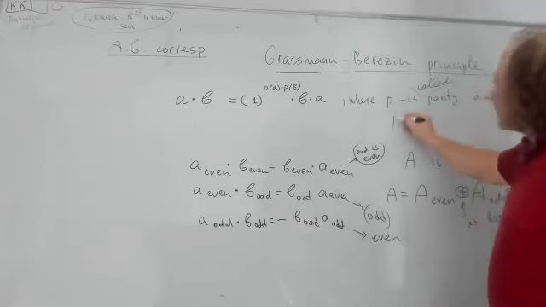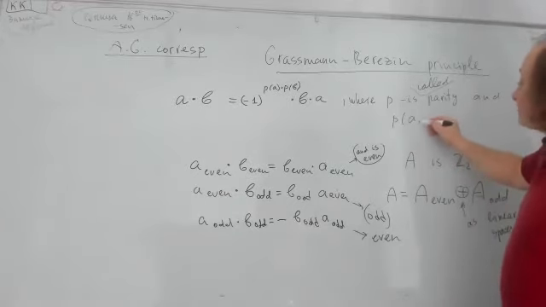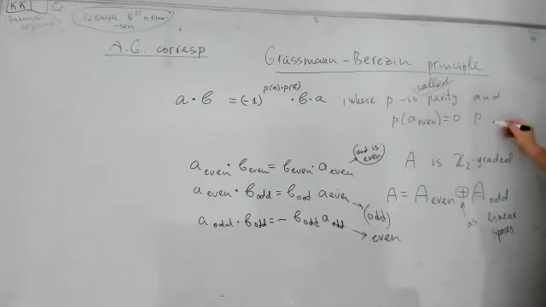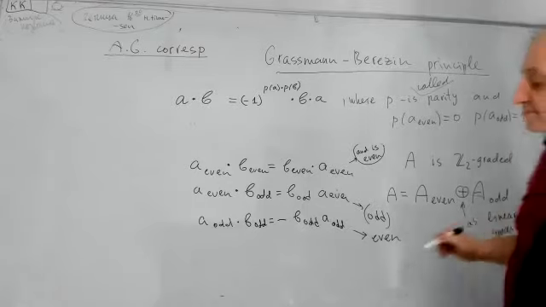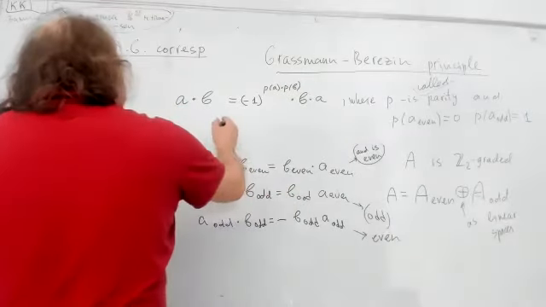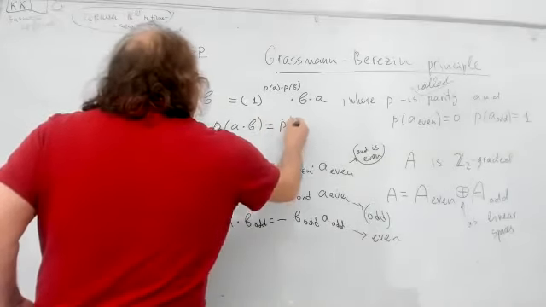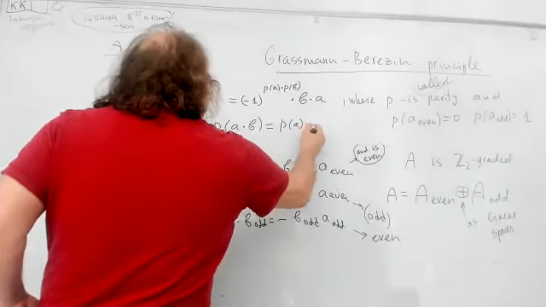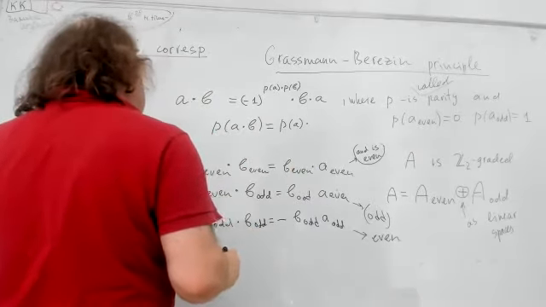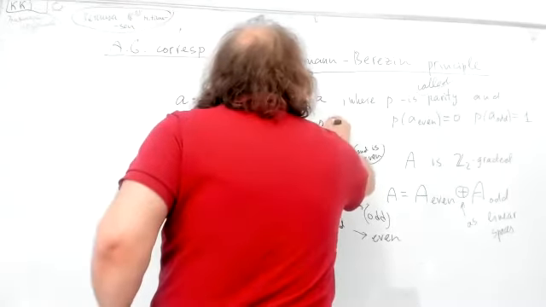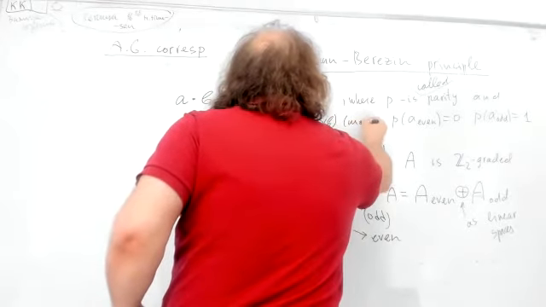And parity of A even is 0, parity of A odd is 1, and also parity of A times B equals parity of A plus parity of B mod 2.